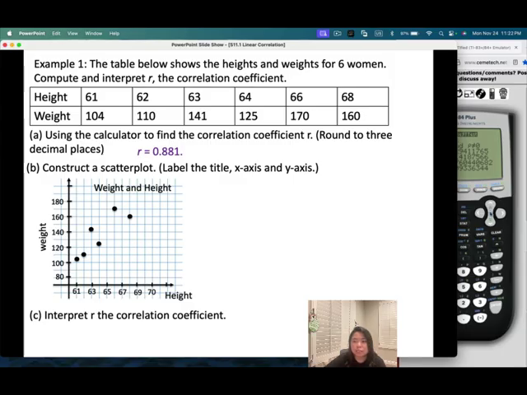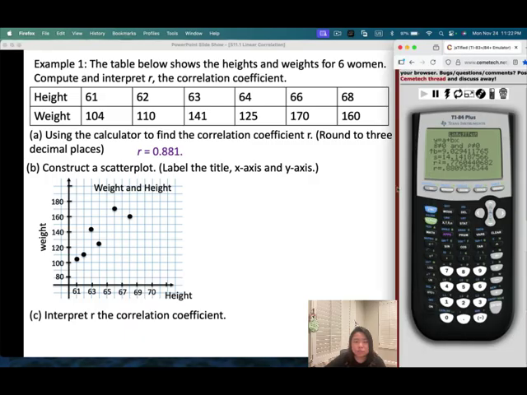Now let's try to use your calculator. You already have this screen, and we're going to keep going. After you find the R, you're going to go to 2nd, STAT PLOT. We're going to turn on the first one. And then you're going to choose the first icon here. This is going to be your scatter plot.